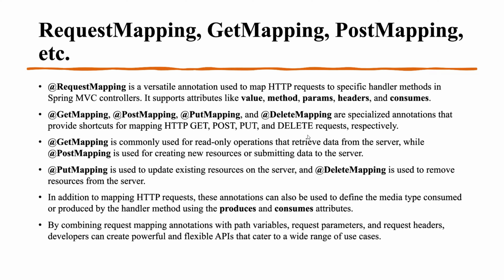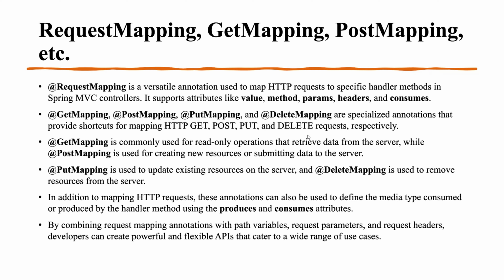Next, request mapping, get mapping, post mapping. Request mapping is a versatile annotation used to map HTTP requests to specific handler methods in a Spring MVC controller. It supports attributes like value, method, params, headers, and consumes.